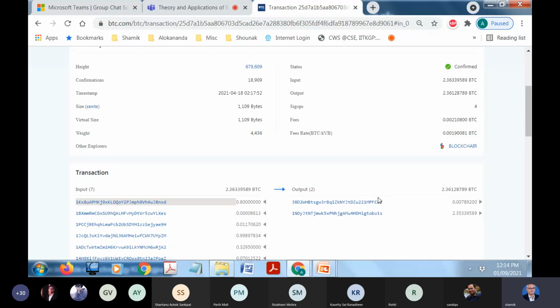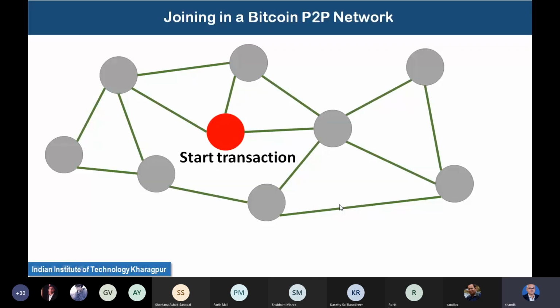So from an originating transaction, one can keep adding new transactions and spending the amount of Bitcoin that was received from one or more inputs, and then giving it to one or more outputs. And if you have more input than what you intend to pay, the rest you have to pay back to yourself. And the final differential will be the one that is used for the transaction fee.